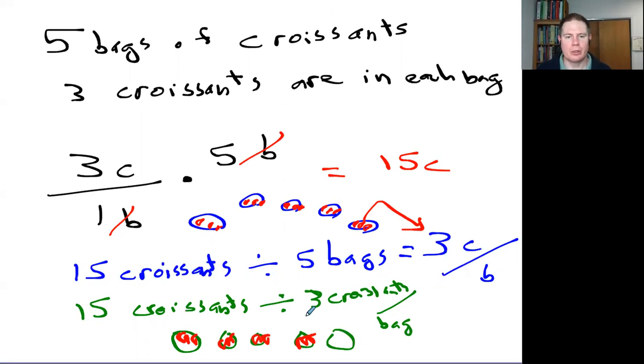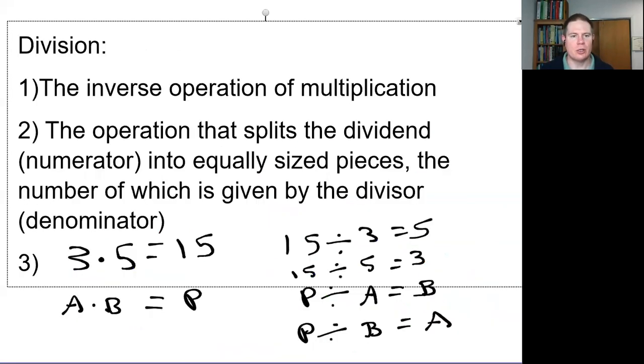There's a 5th bag. 13, 14, 15 croissants. How many bags did I need? I needed 5 bags, right? I'm told how big each group could be, 3 croissants per bag, and that determines how many bags I'm going to need. That's our third definition of division.